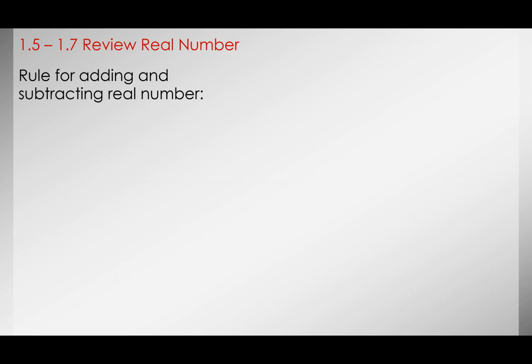I know some of you learned it a little differently, and if you know how to do it, that's fine. For me, this is what I tell my students to make it easy to remember when you add or subtract real numbers. Remember, the real number line has negative numbers, 0, and positive numbers.